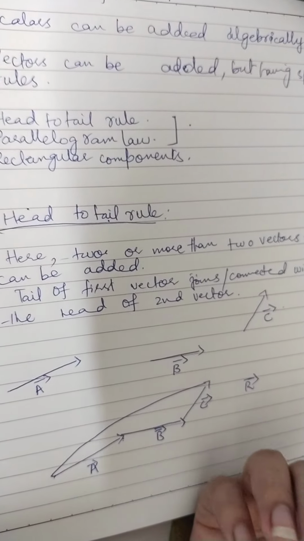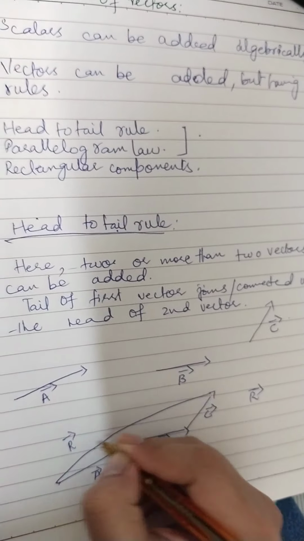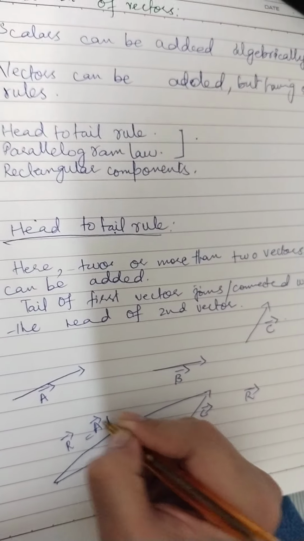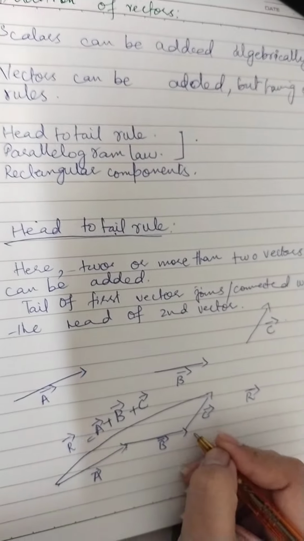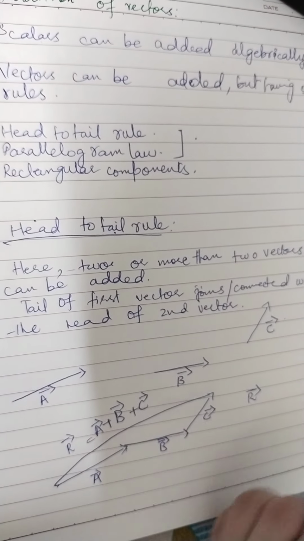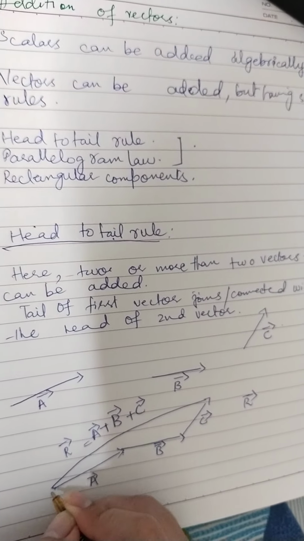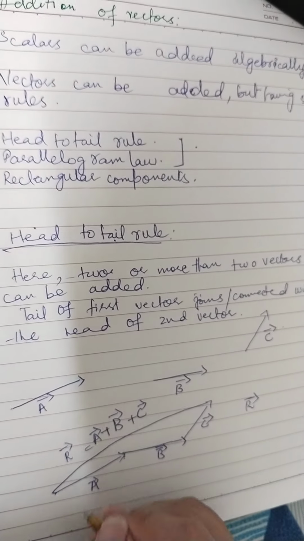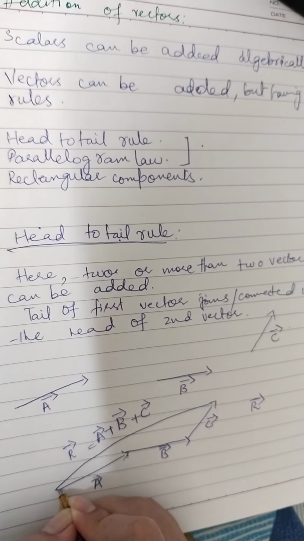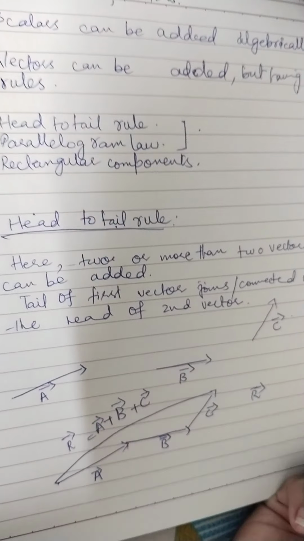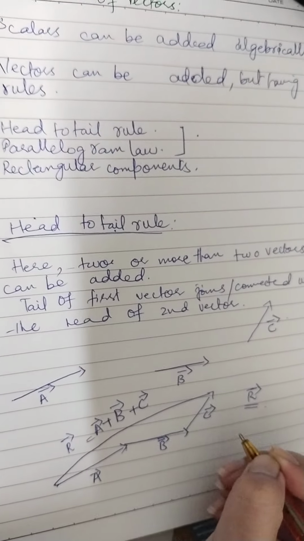Again, I am telling you all that the resultant is equal to vector A plus vector B plus vector C, which we have drawn graphically according to the head to tail rule, and the resultant has been taken out by connecting the tail of the first vector to the head of the last vector. This is what our resultant is all about.